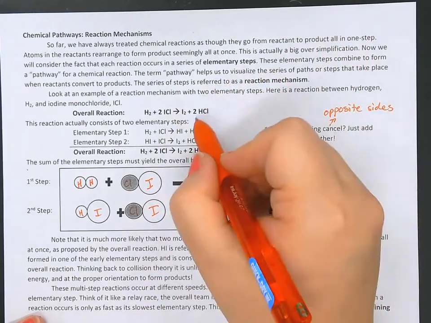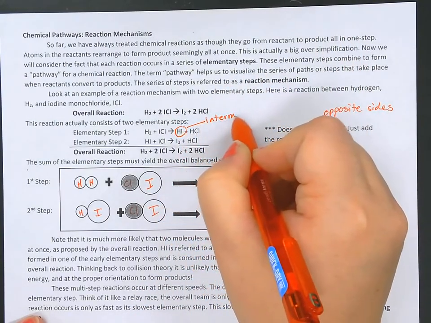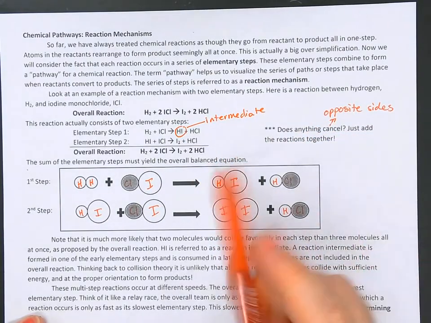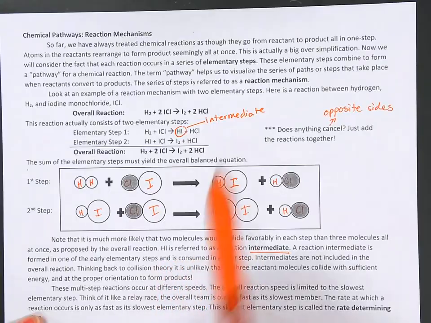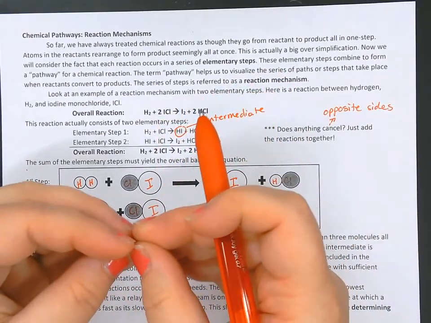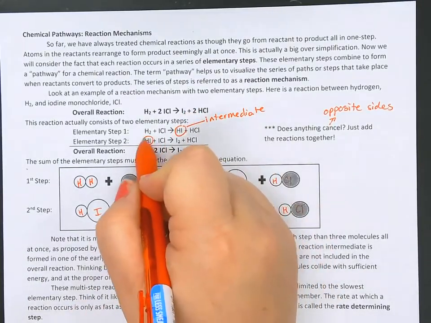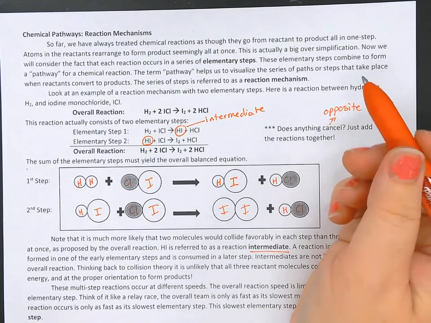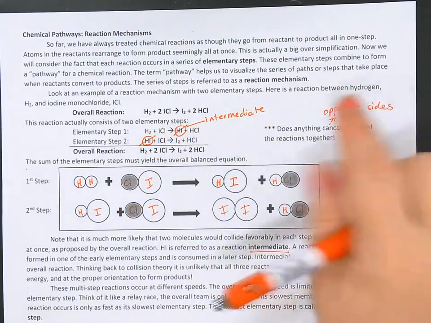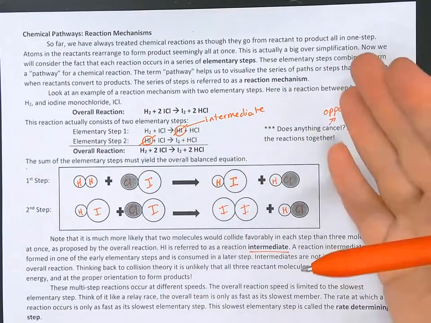We call that an intermediate. And that's mentioned down here. So HI is referred to as a reaction intermediate. We take that intermediate because it's made in the middle, and then we react it again down here. So what happens with an intermediate is that those can cancel with each other. They're on opposite sides, so intermediates will cancel out. It's something we make and then we use up.